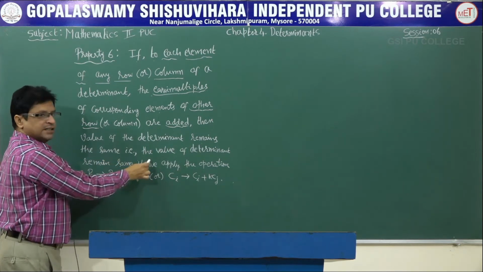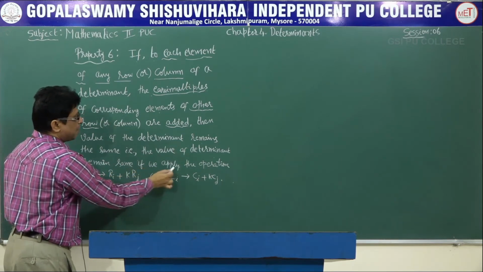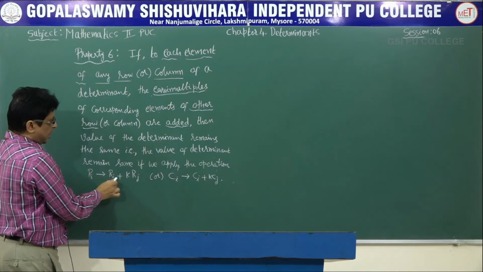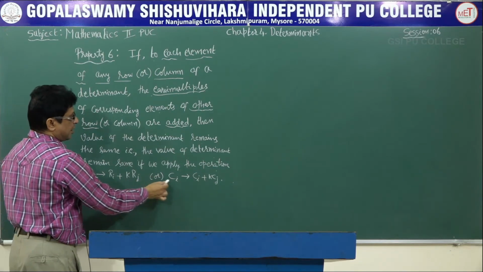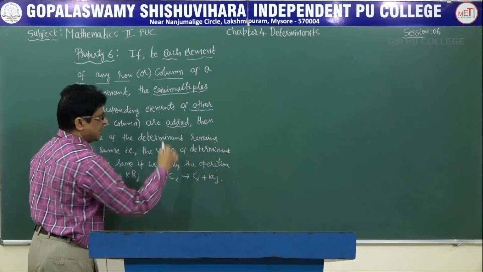That is, the value of the determinant remains same if we apply the operation Ri to Ri plus K into Rj or Ci to Ci plus K Cj.